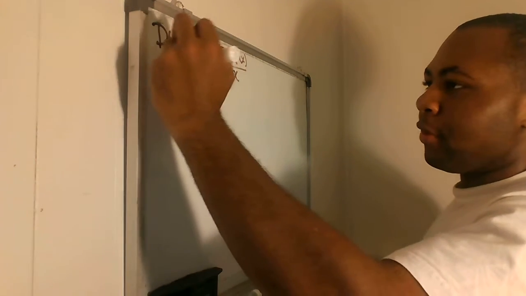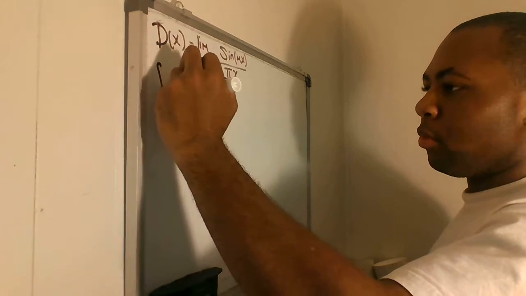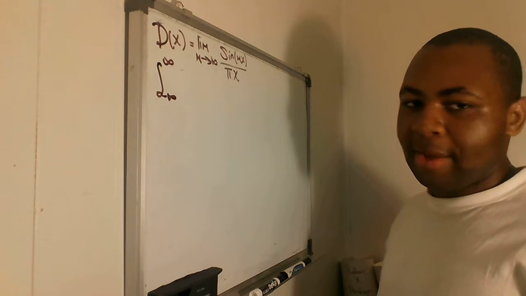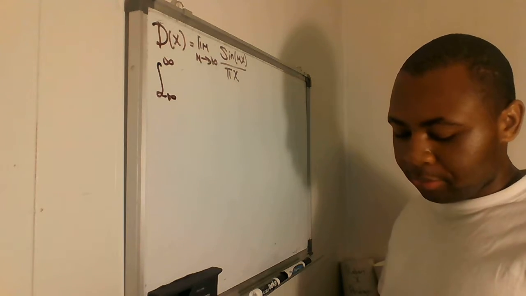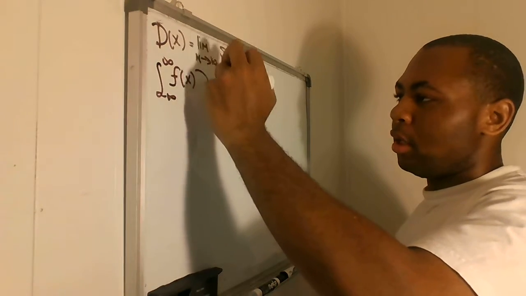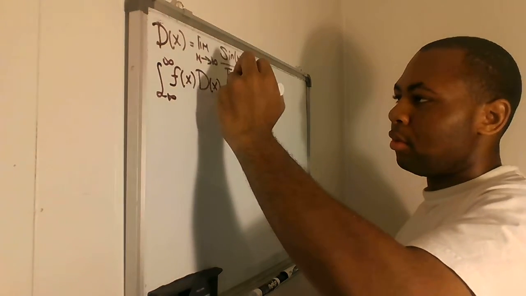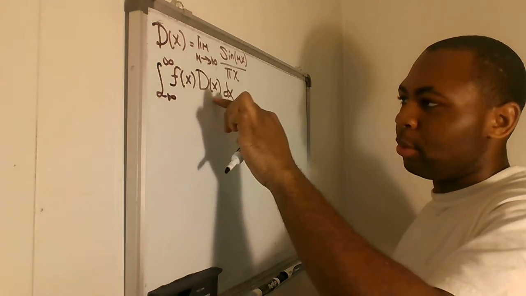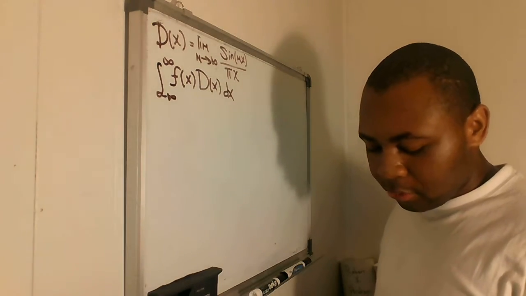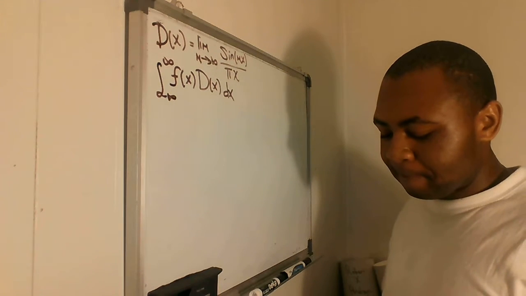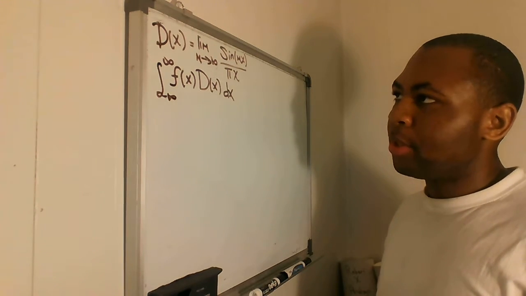So how do we prove it? Well, we do exactly what we did. We said that some function goes to f of 0 where the Dirac delta is 0. So let's take some random function, f of x, and let's multiply it by capital D of x, and integrate it along all of space. So how do we do it?